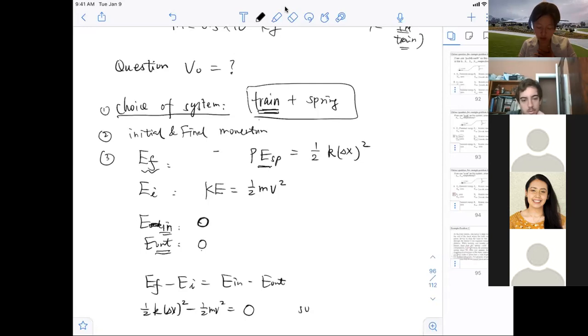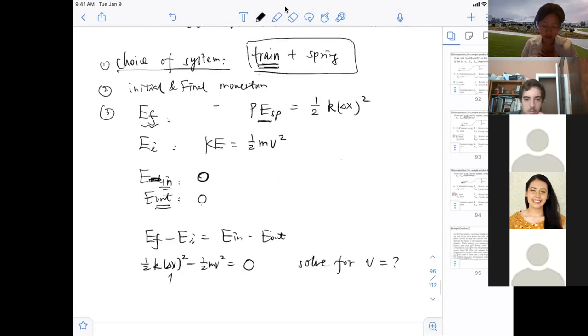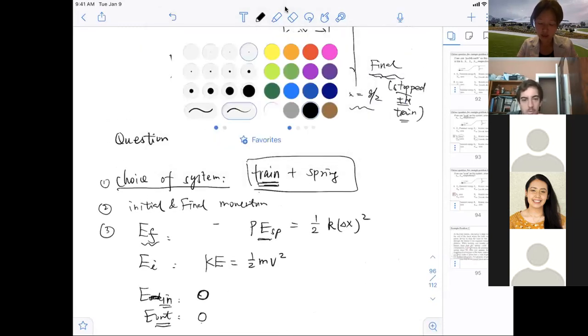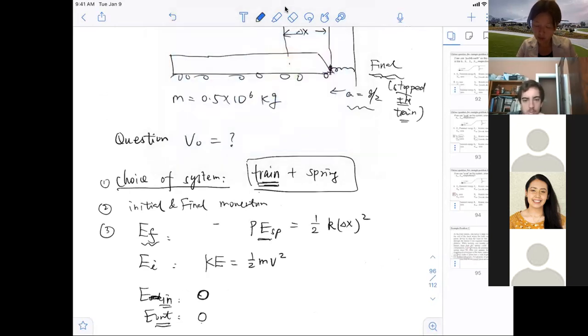So you want to solve for v. Now x is given, m is given, it's really just k that is not given. But that is where this little extra information comes in: this is just giving me k. So we're going to carve out a little space to do the k here. This is using Hooke's law.